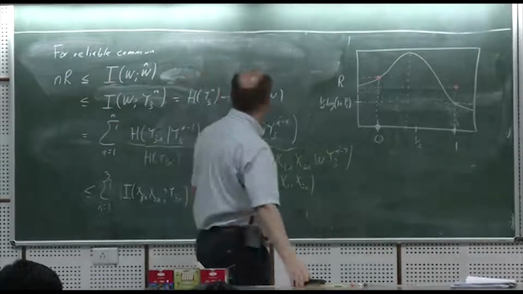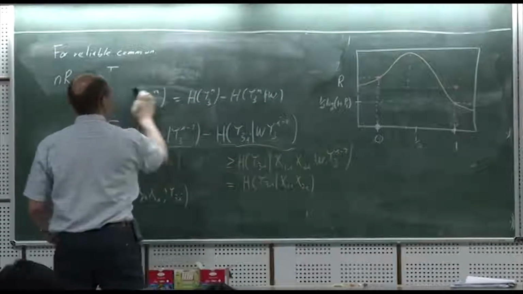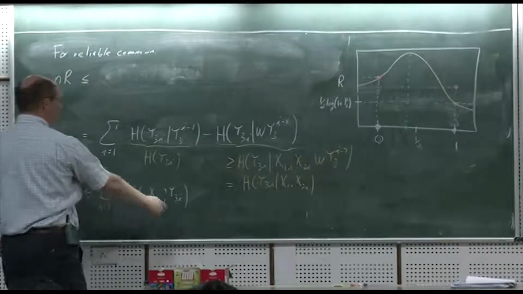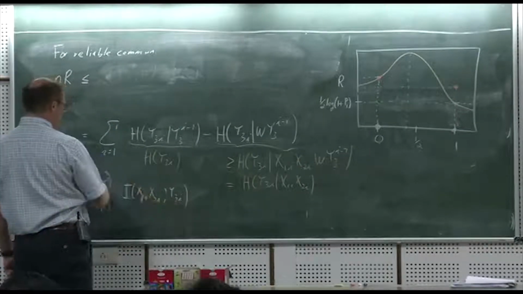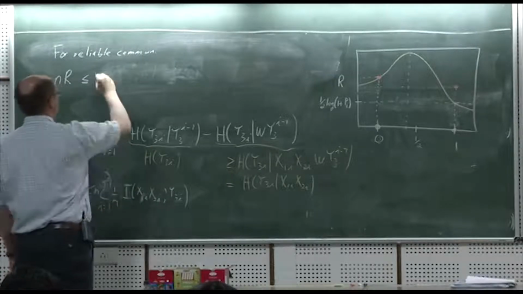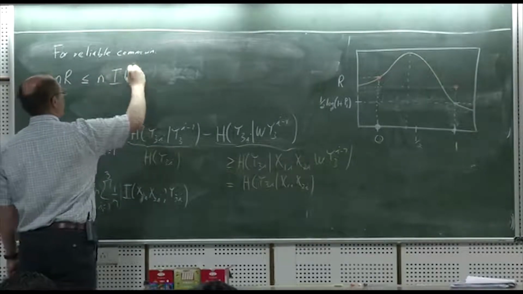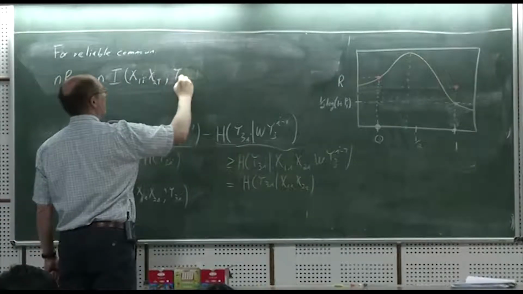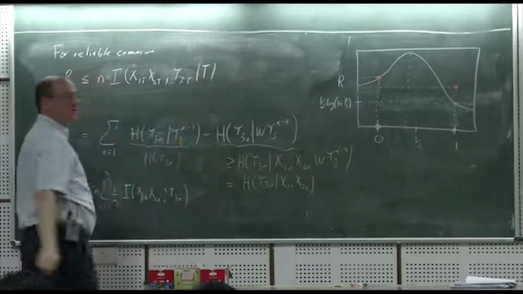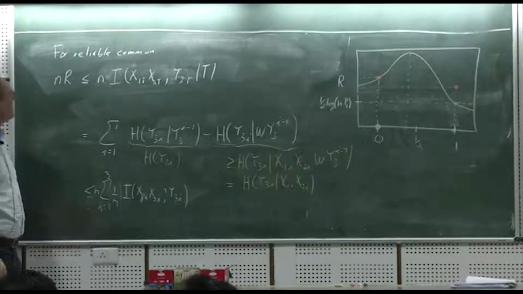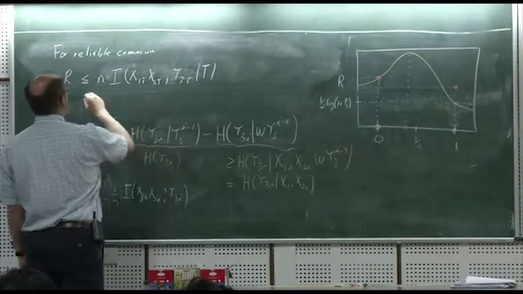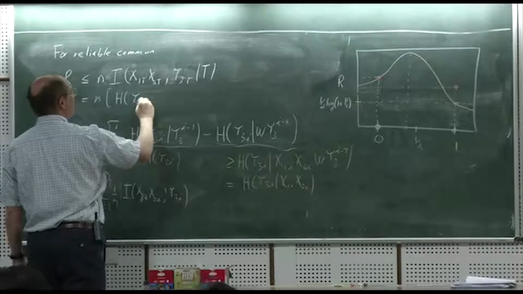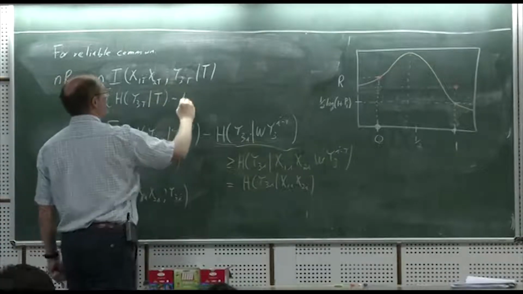So we just use our usual trick: we define a time sharing random variable, we multiply by n, divide by n, so we get n I(X1T, X2T; Y3T given T). That's clear, right? It's just the average inside here. And now we have to try to get rid of that T, but that turns out to be easy here. Sometimes, for some problems, you can't get rid of that T, so you should always make sure to test.